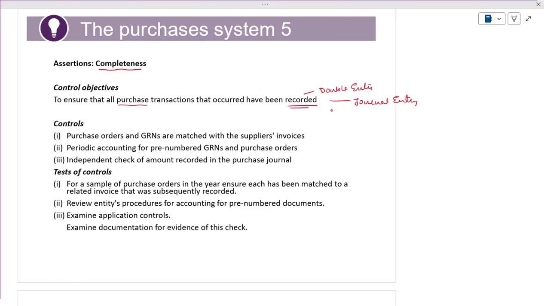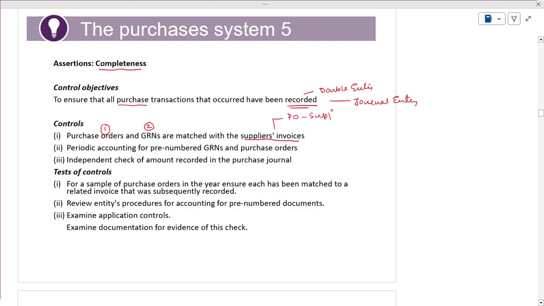Purchase orders and GRNs, goods received notes. Two things will be there. Okay, these are the supporting documents. The purchase order is an internal document. You have to match it with what the supplier sends with the goods. We are sending one copy of the purchase order to the supplier.